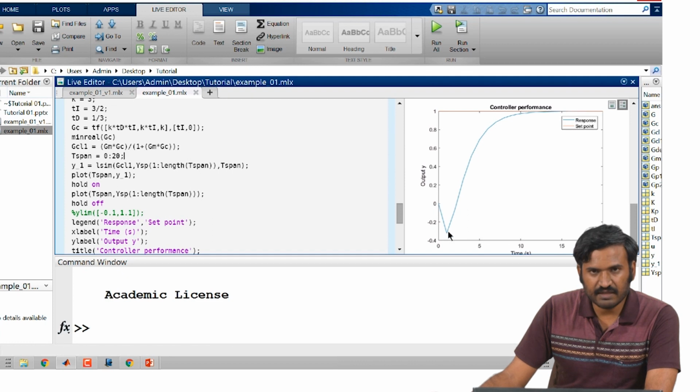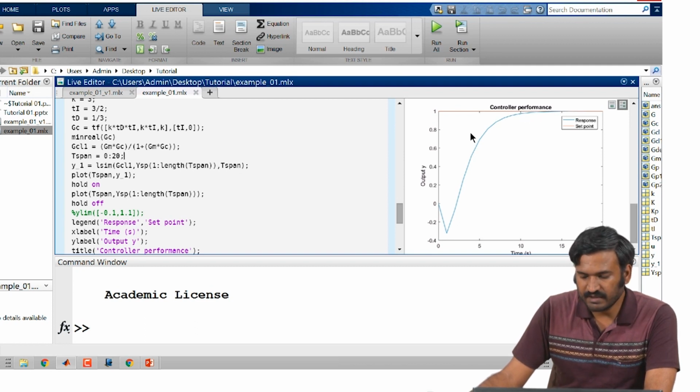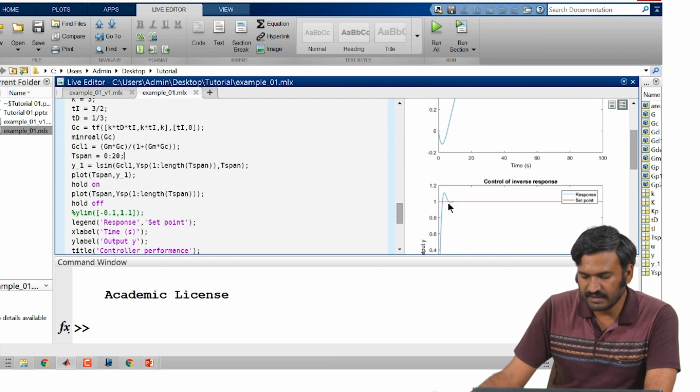Now, even though there is an initial dip in the direction, the performance is still good, because there are no overshoots as in the direct PID tuning.